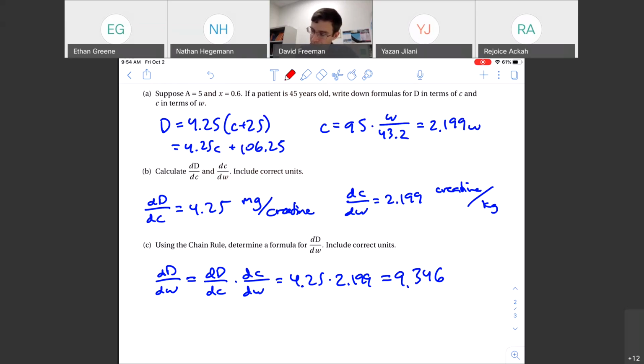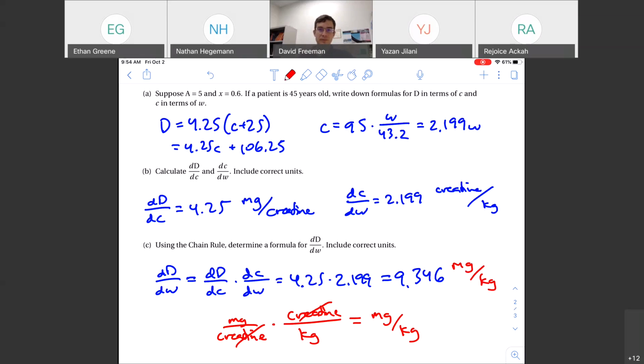Well, the dD/dC units were milligrams per creatinine clearance unit, and the other one was creatinine clearance unit per kilogram. So the creatinine units cancel, and it's milligrams per kilogram. So milligrams of medicine per kilogram of weight. That would be your final answer.